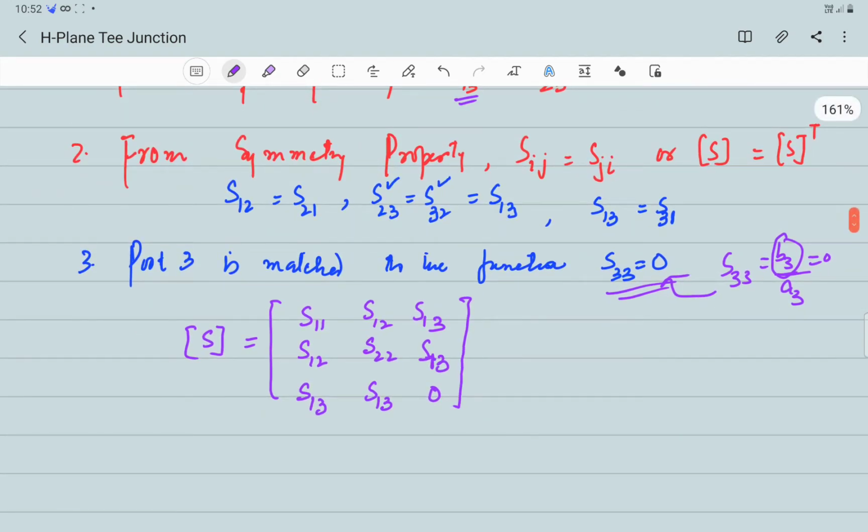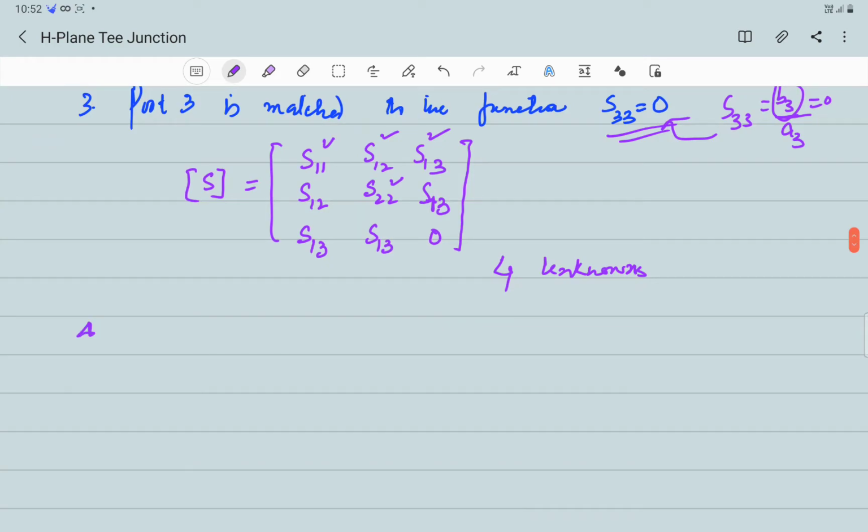If we count 1, 2, 3 and 4, there are only 4 unknowns. So we need 4 equations to get these 4 S parameters. Now we know from the unitary property of a lossless network that S into S conjugate transpose is a unit matrix.